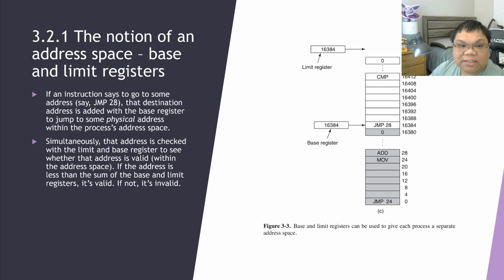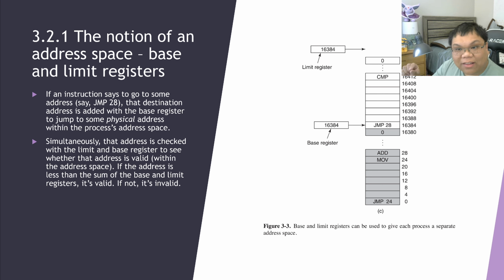If an instruction says to jump to some address, say address 28, the destination address is added to the base register to get some physical address within that process's address space. Simultaneously, that address is checked against the limit and base registers to see whether it is valid. That is, we are jumping to some address within that process's address space. If the address is less than the sum of the base and limit registers, it's valid. If not, it's invalid.